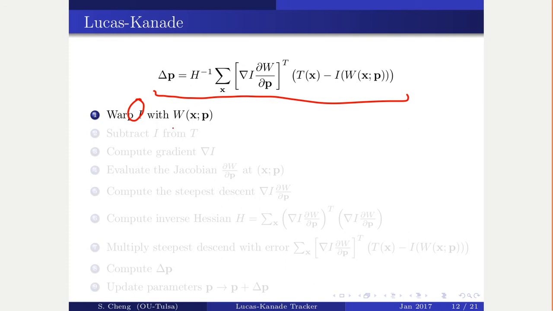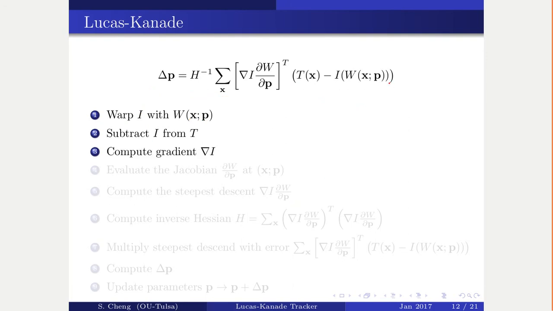What we're going to do is start with some arbitrary p as the warping parameter. Then we warp I with W(x;p). Afterward, we subtract I from T and I get this guy here. Then we compute the gradient of I, which is equal to this guy. Then I compute the Jacobian del W del p at x and p.